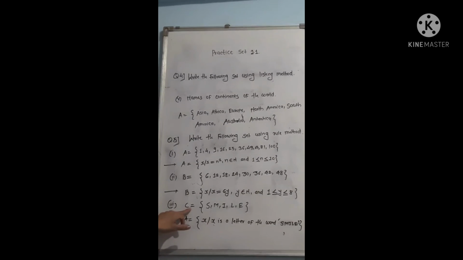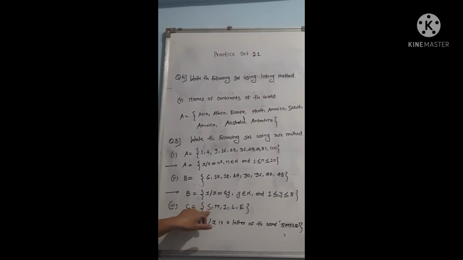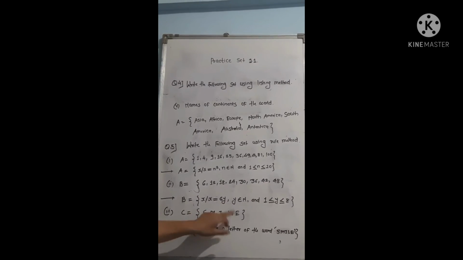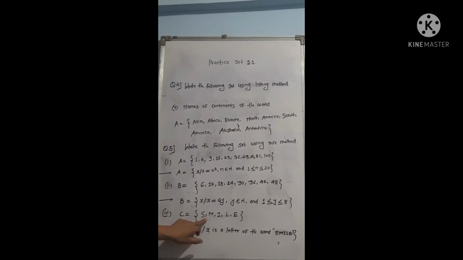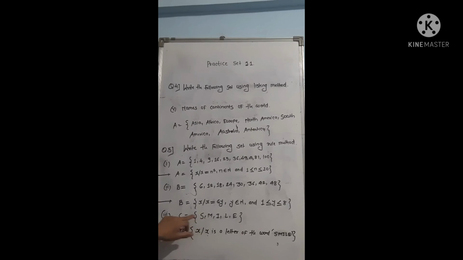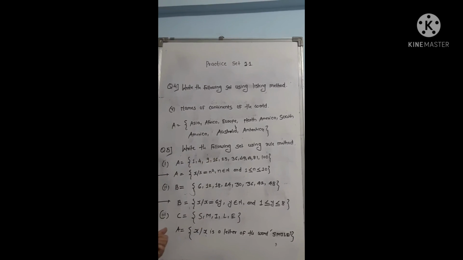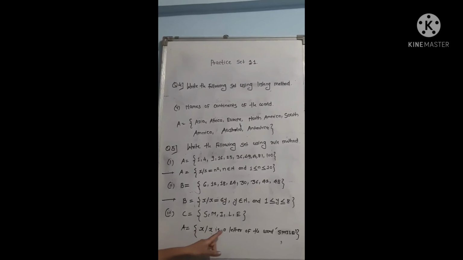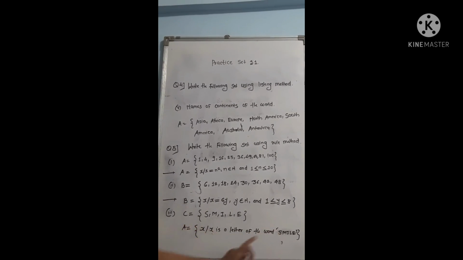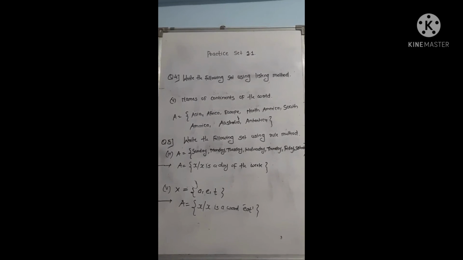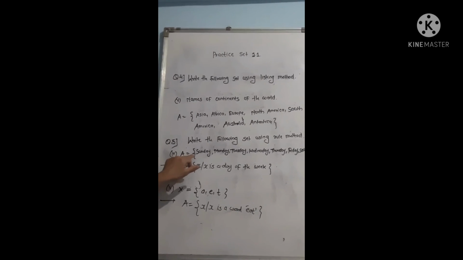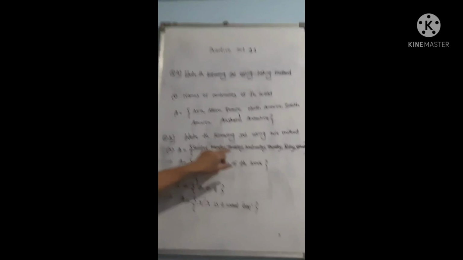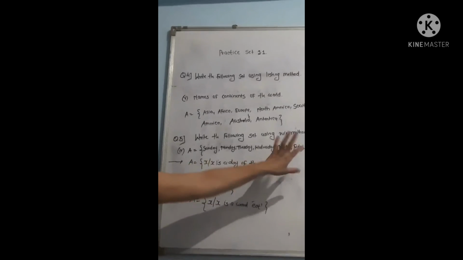Third one, C is a set of elements S, M, I, L, E. So you have to write this set by using rule method. So C is a set of X such that X is a letter of the word smile. Fourth one, A is a set of elements Sunday, Monday, Tuesday, Wednesday, Thursday, Friday, Saturday.